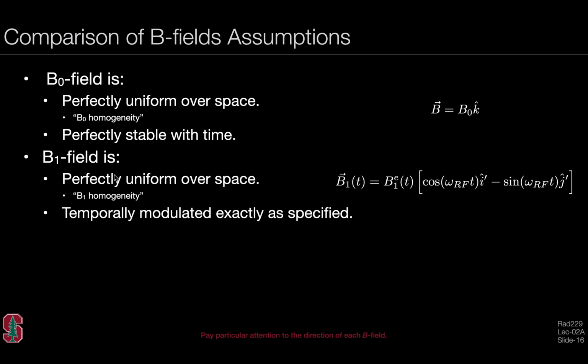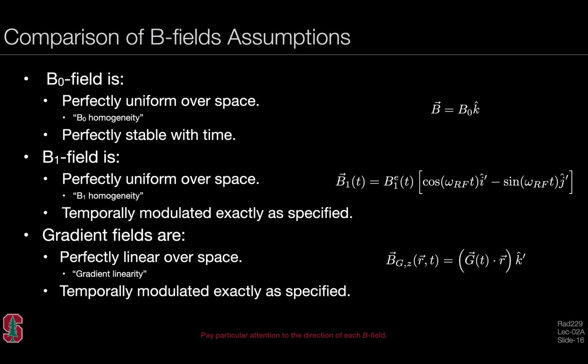The B1 field, however, is also perfectly uniform over space. We refer to this as B1 homogeneity, but it's obviously temporally modulated exactly as specified. That is to say, we have a precise B1 envelope function and a precise carrier frequency that gives us some B1 dynamics, if you will, that allow us to control the spin system through the process of forced precession.